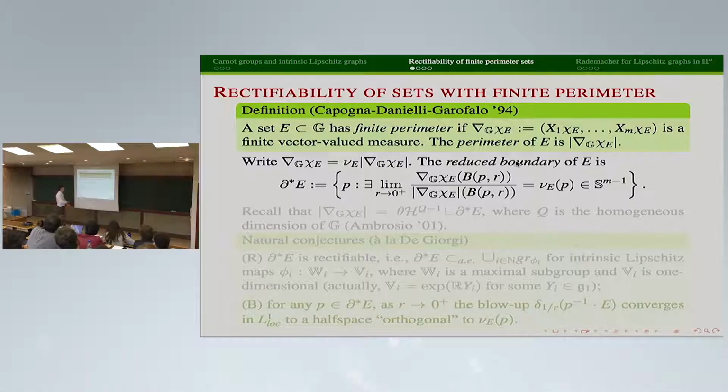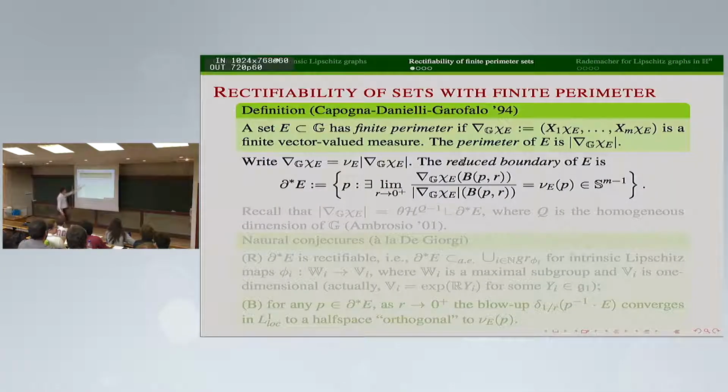So in a sense, we are considering the set of points where, since this measure is normal times the total variation times this scalar measure, we are selecting the points where at small scales, for small r's, the normal is almost constant. Imagine we wrote normal times this measure.